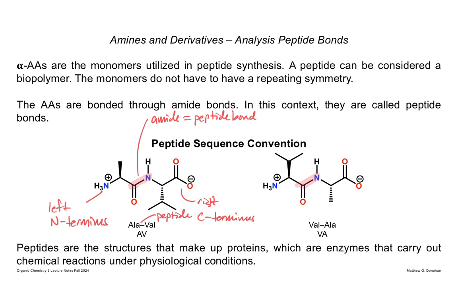Eventually that forms a protein. Those are enzymes that carry out reactions under physiological conditions. All the reagents that we've learned in this class, that's stuff you do in the lab in a glass vessel. Enzymes are the reagents that do things in your body. So your body is the reaction vessel under physiological conditions.